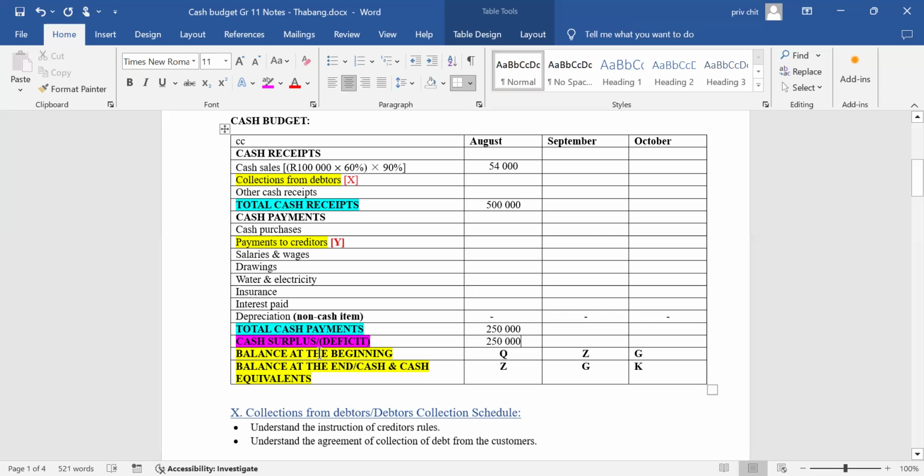That will be your cash surplus, because your receipts are greater than the payments. But now I want to flip the table a bit. Suppose this was 800,000. Do you think you would have a surplus or a deficit in this case? A deficit. So you put brackets around it, and that would be minus 300,000 rands, exactly. Something like that.